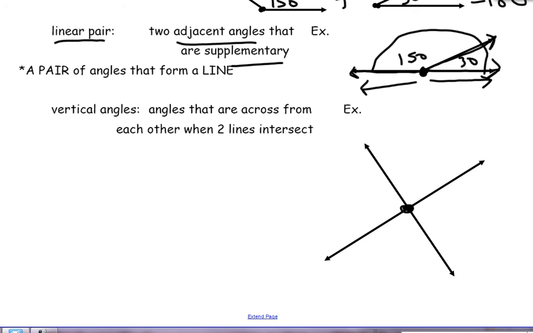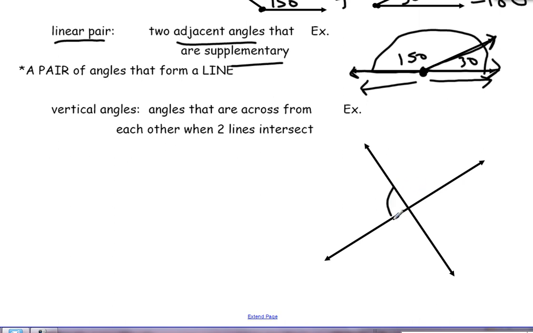So non-adjacent means that without a common ray, they can still exist. So there's this angle that can exist alone, and there's this angle that can exist alone. Those are your non-adjacent angles, and those are your vertical angles.